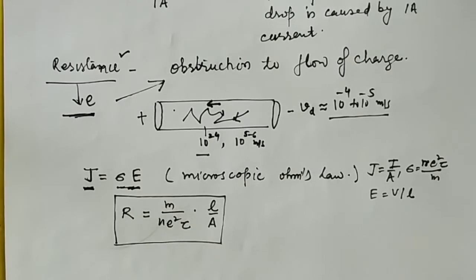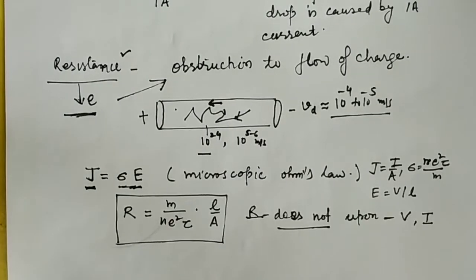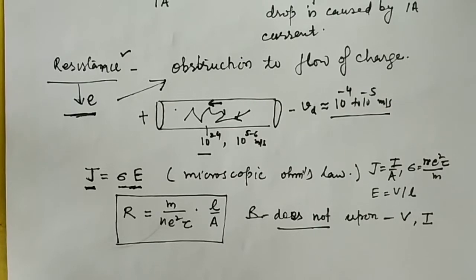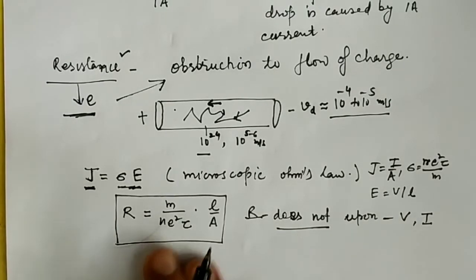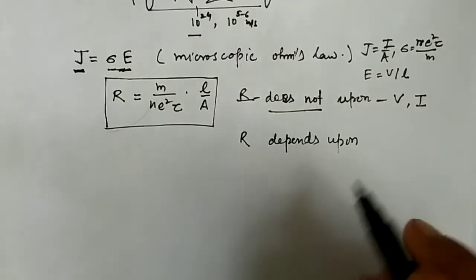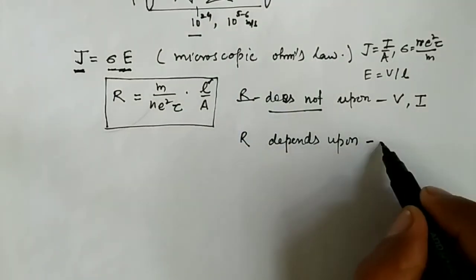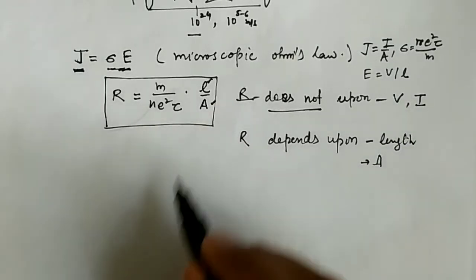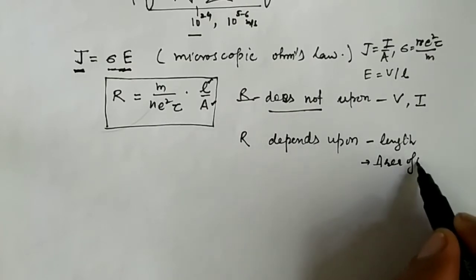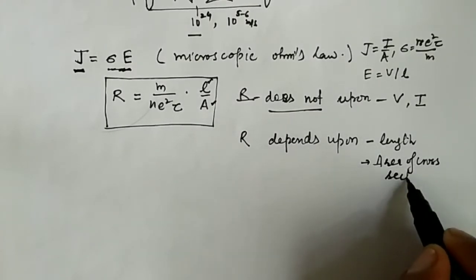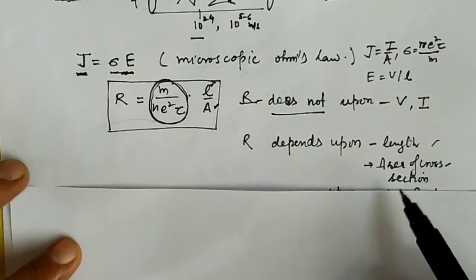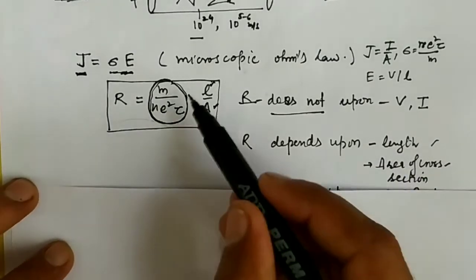If you see here, resistance does not depend upon the electric potential and current individually, but upon the ratio of V and I. In this diagram, you can see that the resistance of this conductor depends upon the length and the area of cross section. From this relationship, we can see that the resistance depends upon the length and area of cross section.